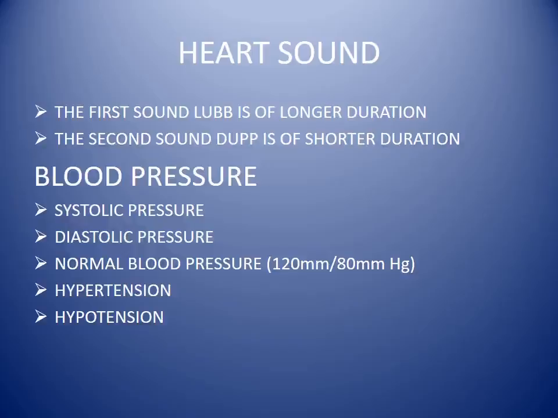The blood pressure is high in the arteries, gradually drops in the arterioles and capillaries, and becomes very low in veins. That means high pressure in the arteries, then arterioles, then capillaries, then very low in veins.